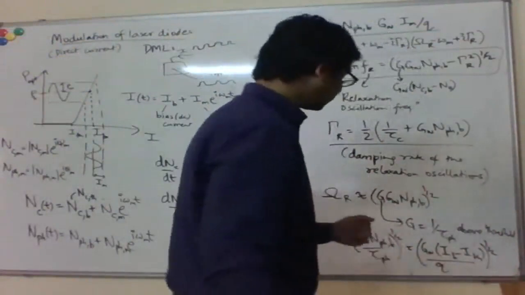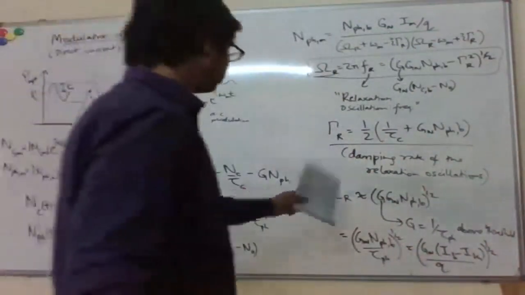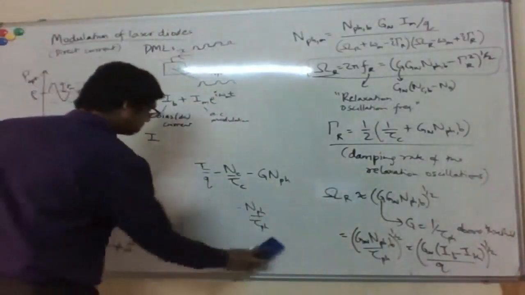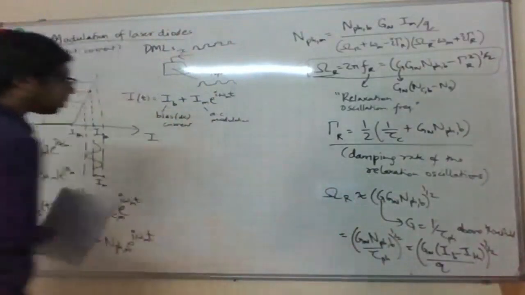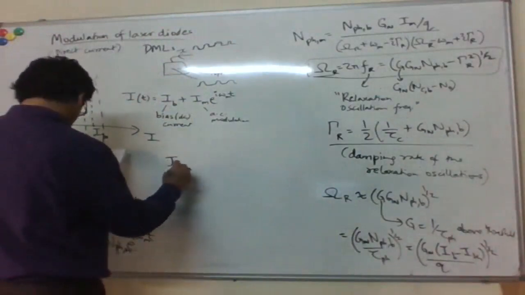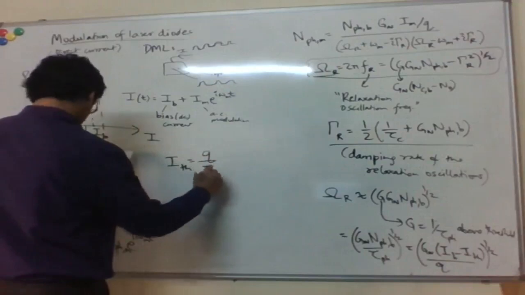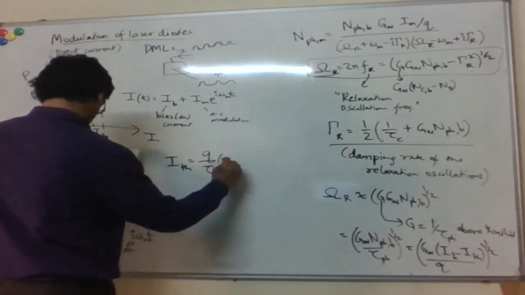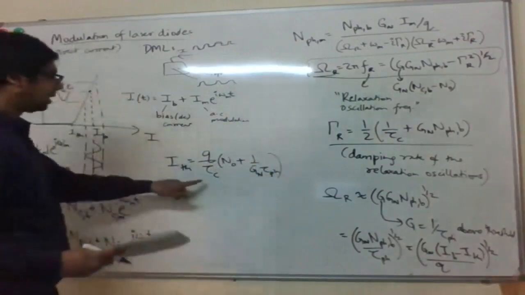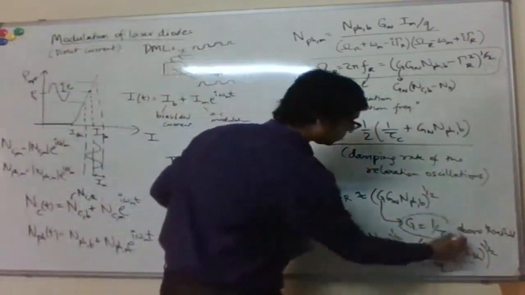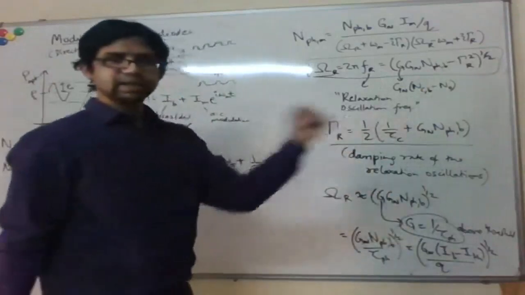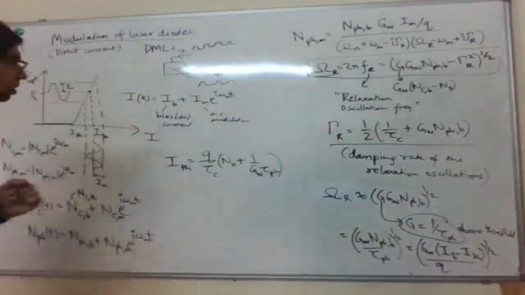Of course, it depends on the bias current, but to see more clearly what time scale decides this frequency, recall from last time we had this expression for the threshold current. We derived this from this condition, and that G is equal to G_N times (N_c minus N_0), and this gives the equation for the threshold current.